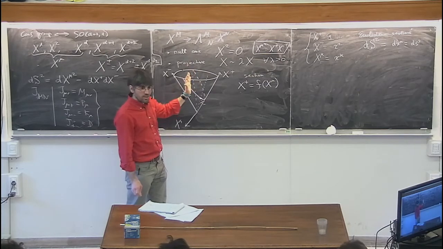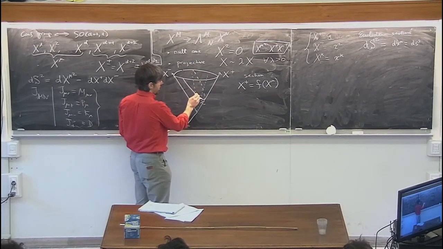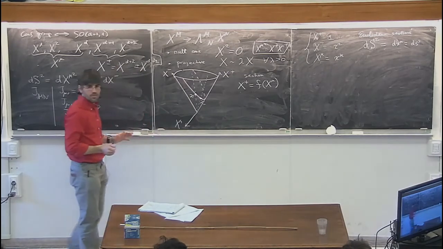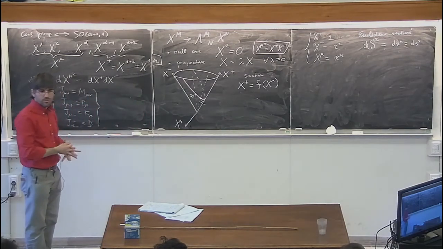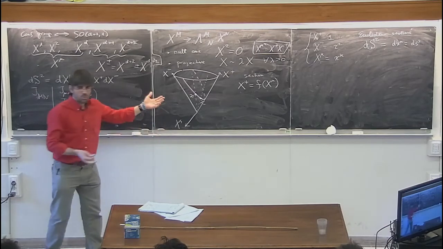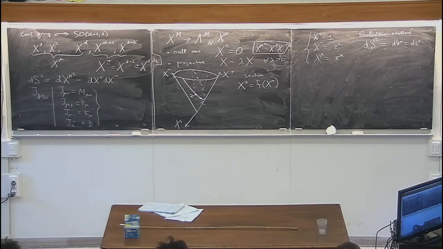I get another ray. I take the point of intersection of this other ray with my Euclidean section, and that's the action. This is the result. So I generated from the Lorentz group a transformation of the Euclidean space.